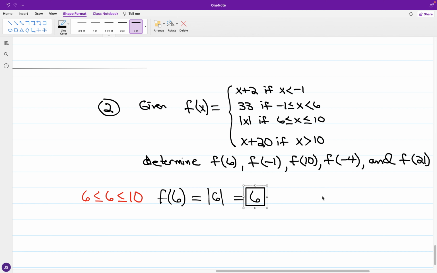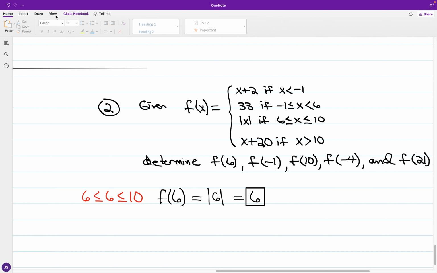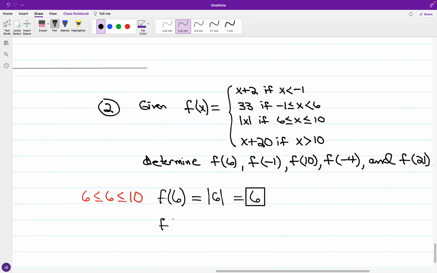Now for the next input value, we have negative 1. Like 6, negative 1 is a limit value expressed more than once among the inequalities. Negative 1 cannot be less than itself, but it can be equal to itself. So negative 1 is less than or equal to itself, and negative 1 is less than 6; that statement is true.